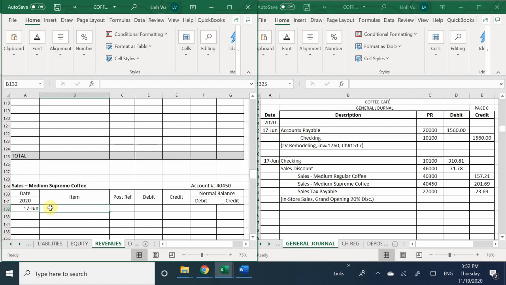All right. And then 617, and here we're going to put 81 cups. General journal number 6. And the credit amount is $201.69.